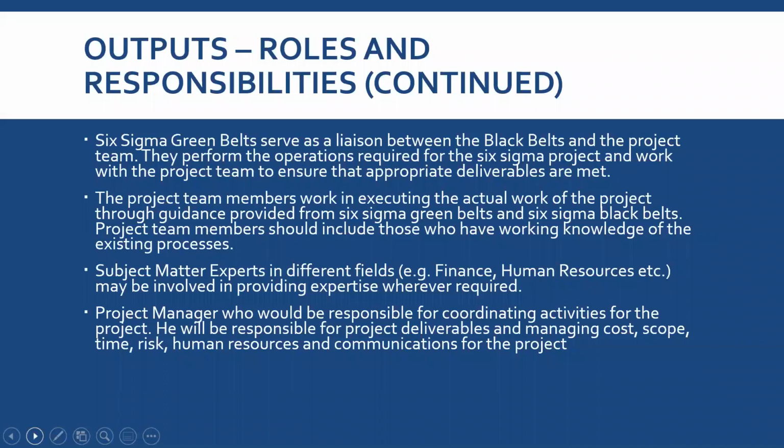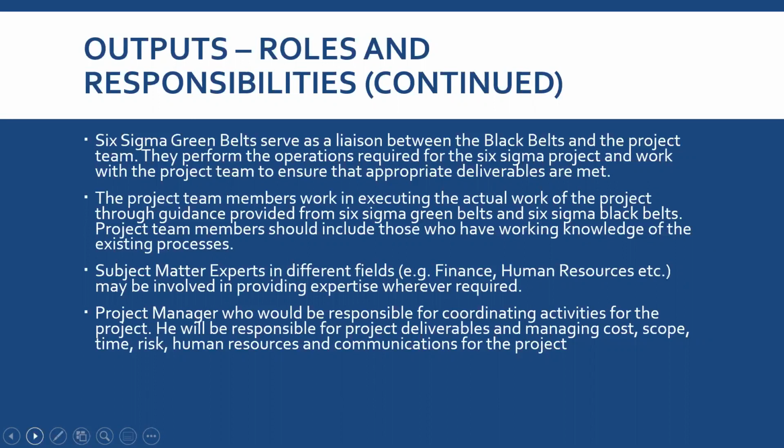The project team members work in executing the actual work of the project through guidance from Six Sigma green belts and Six Sigma black belts. Project team members should include those who have working knowledge of the existing process. The subject matter experts, such as finance and human resources: you should have somebody on your team with these expertise. So if you're doing a project in human resources, you should have somebody from human resources to serve on your team to get their expertise.